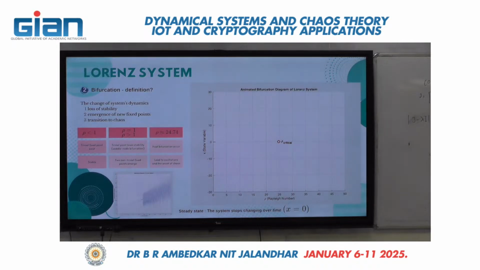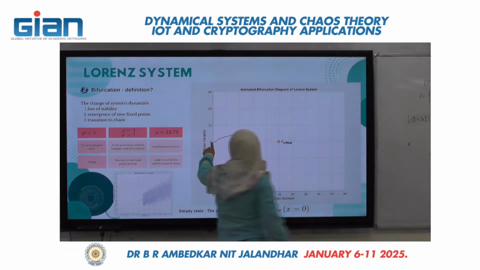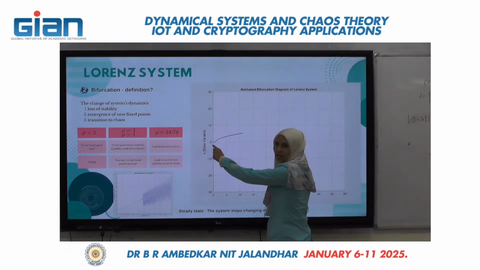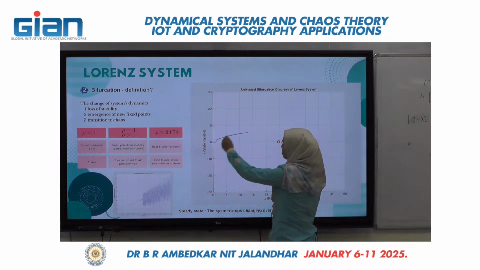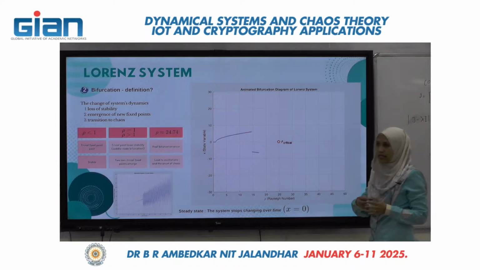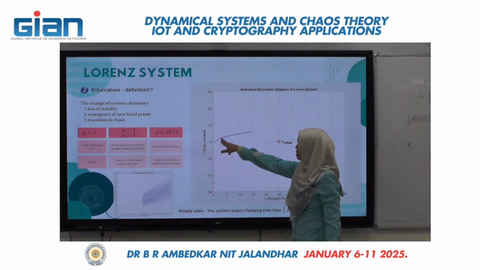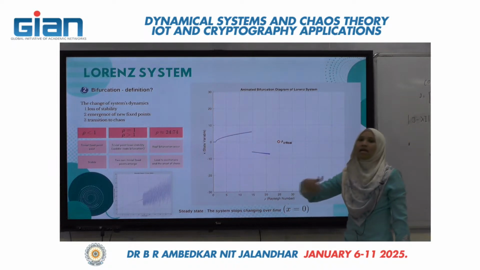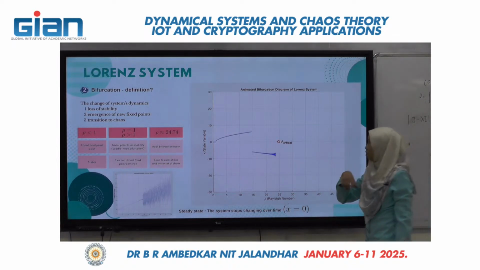Okay, so now we go to the bifurcation. So you see, at first this is a stable fixed point. It's a stable fixed point, and then it merges to the fixed point that is unstable, so it comes to the second fixed point, which is the non-trivial fixed point.